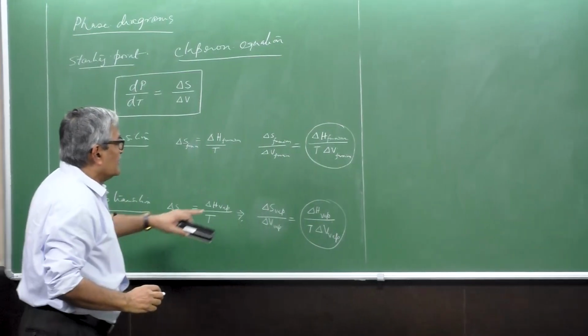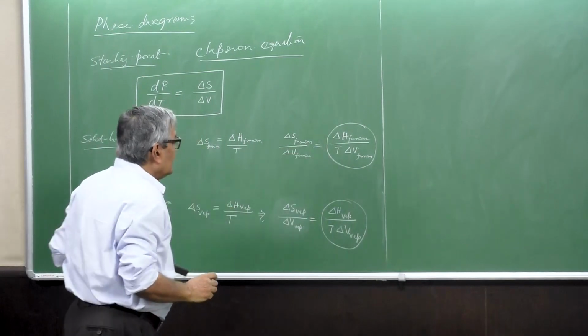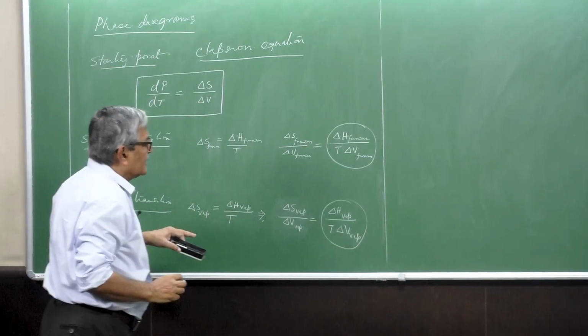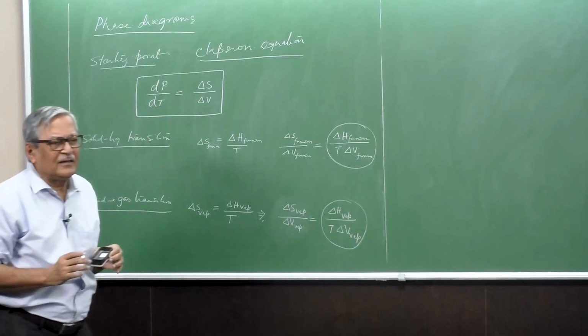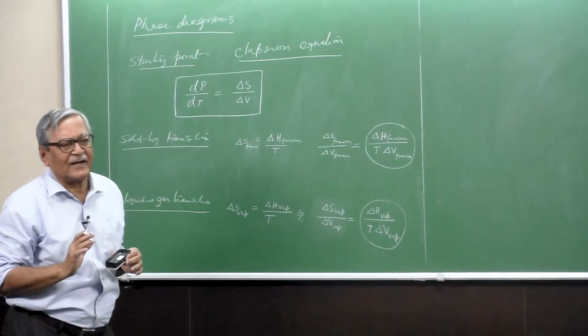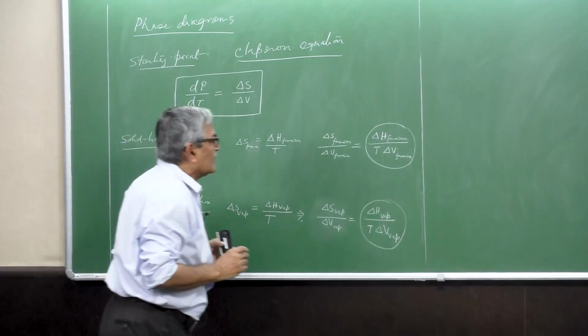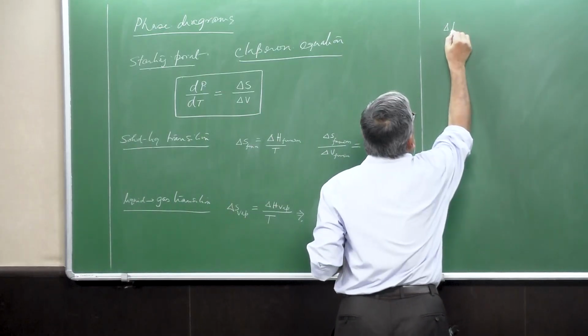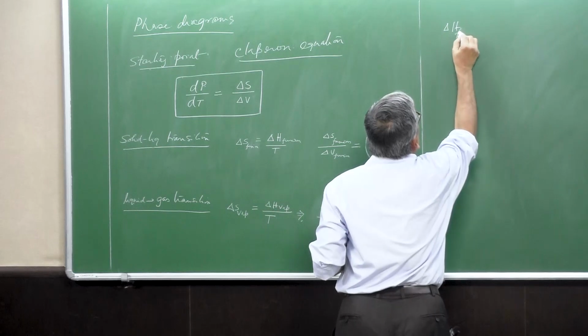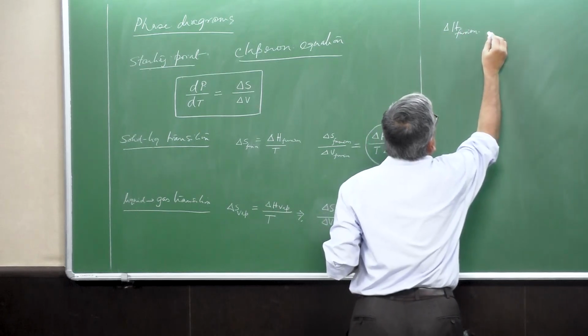So, if we take the delta H of fusion and delta H of vaporization, they are nearly of the same order, not that different.